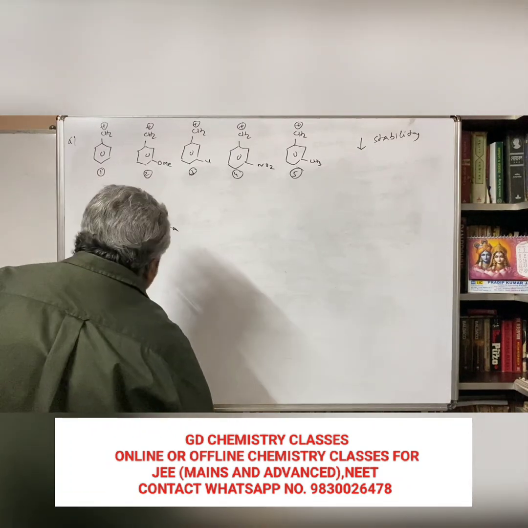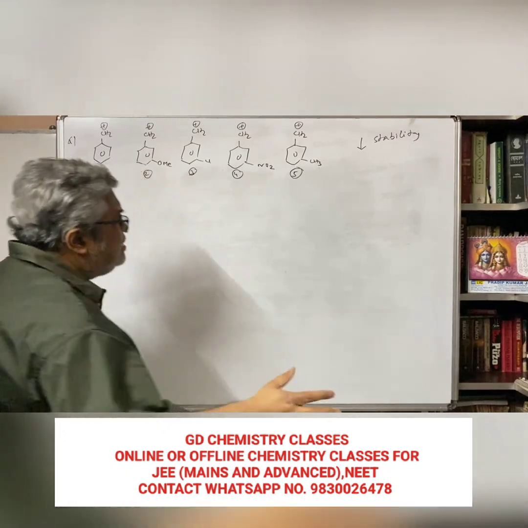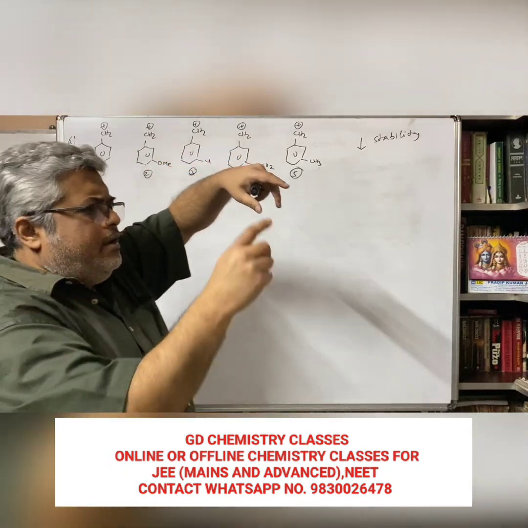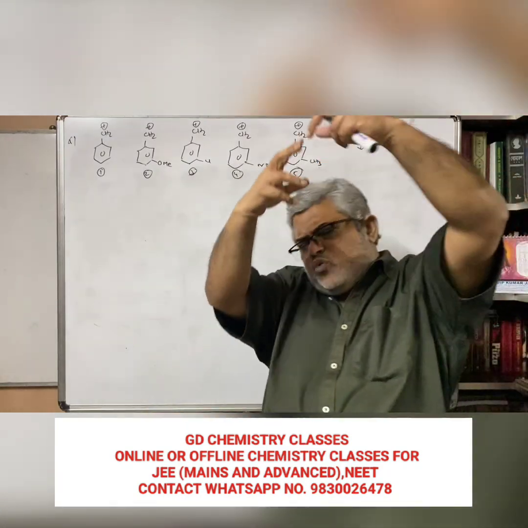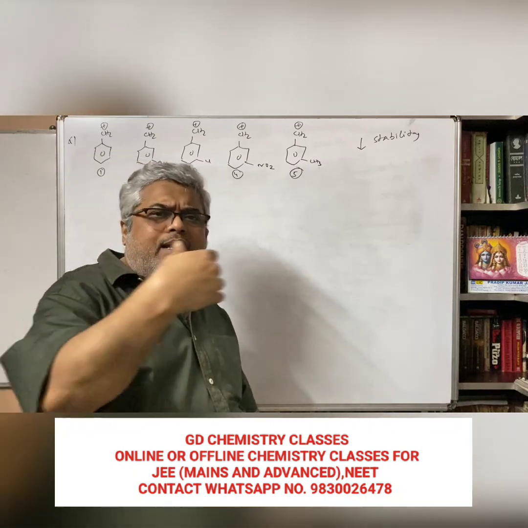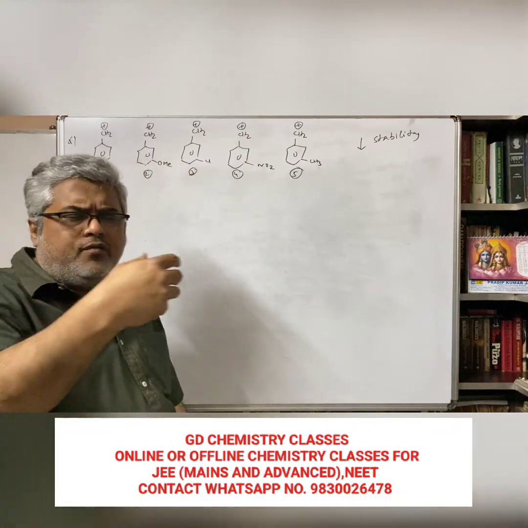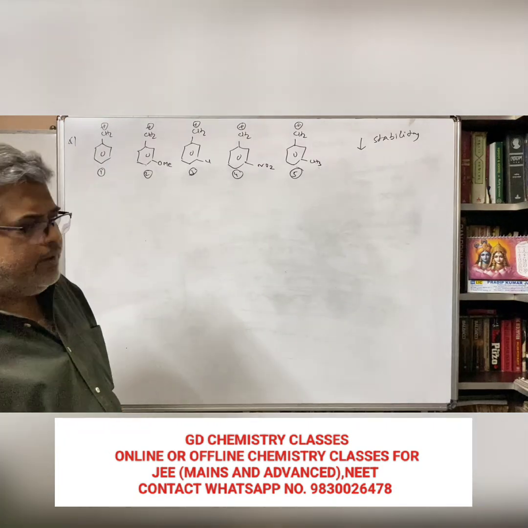So basically, you don't have to remember all those big things. You just have to remember whenever two groups, plus M or minus M groups, are attached meta to one another on the benzene ring, then the mesomeric effect won't come into play, or the resonance effect of the groups will not come into play. Only inductive effect will come into play.